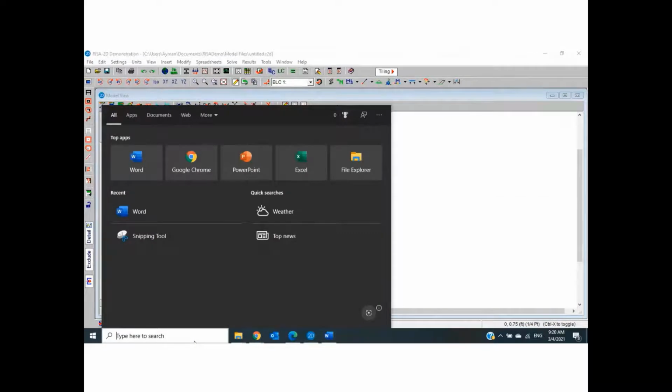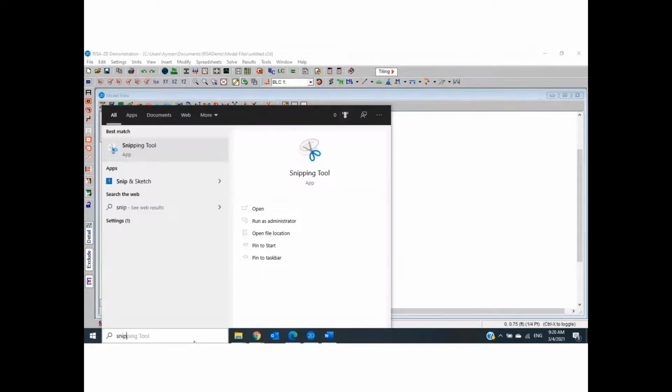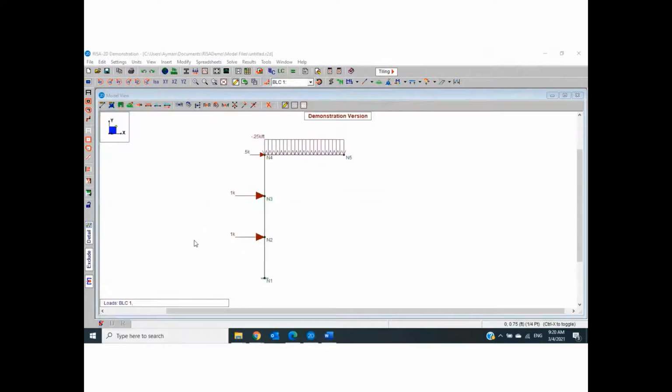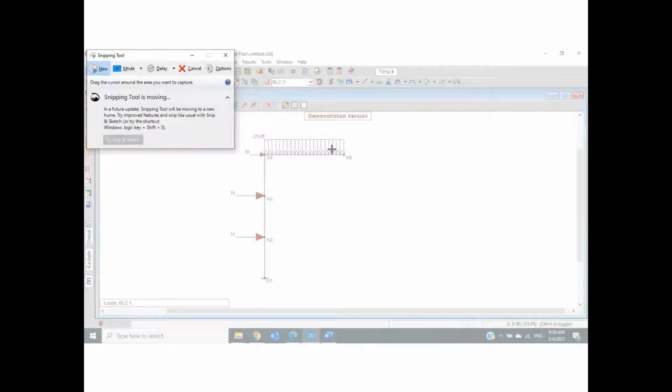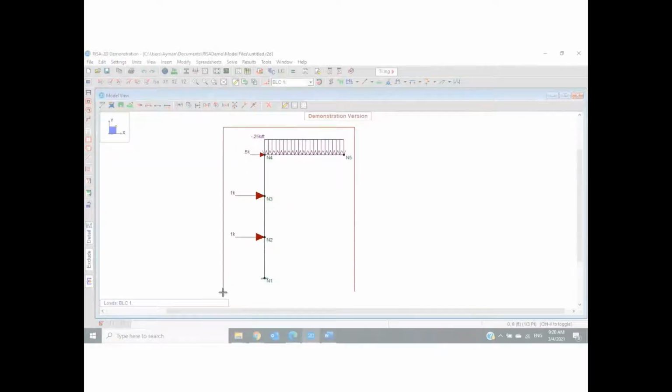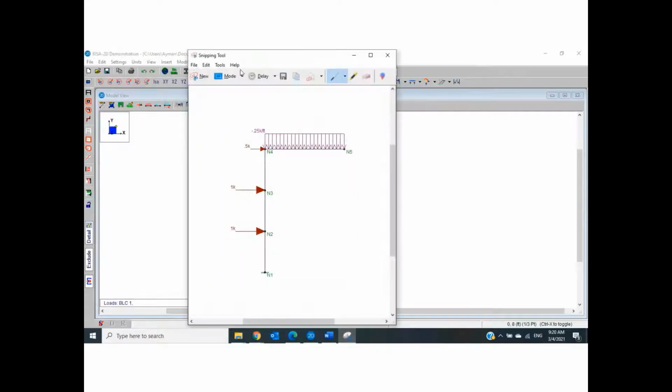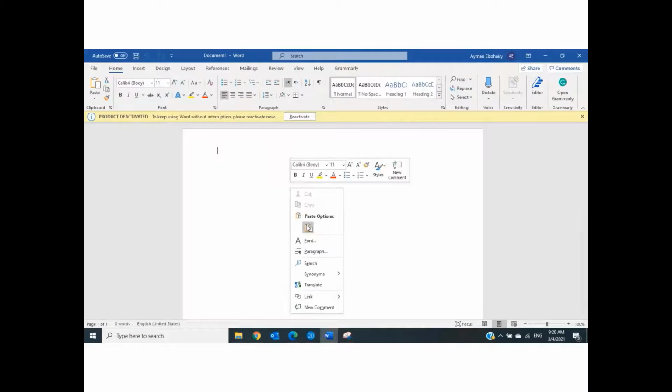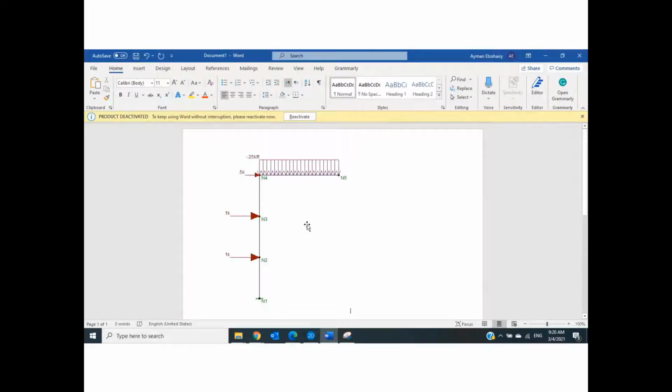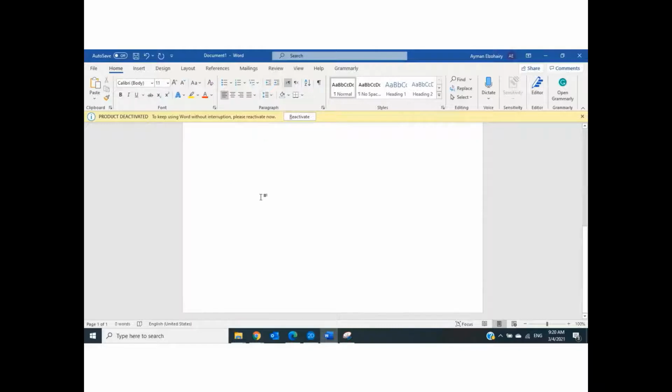Open from Windows snipping tool tab, and then you can make a window around this diagram, copy it, and go to the Word file and put it here. So here is the applied force. You can put the normal force, the shear force, the bending moment, the deformed shape, all of these stuff.